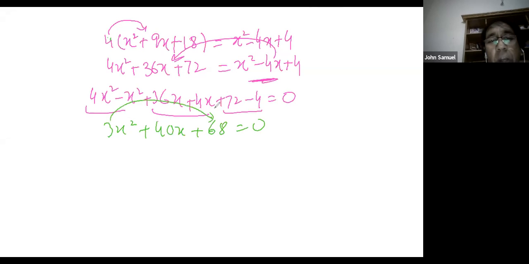If it is not possible, then you have to use the quadratic formula. Here a is equal to 3, b is equal to 40, and c is equal to 68.